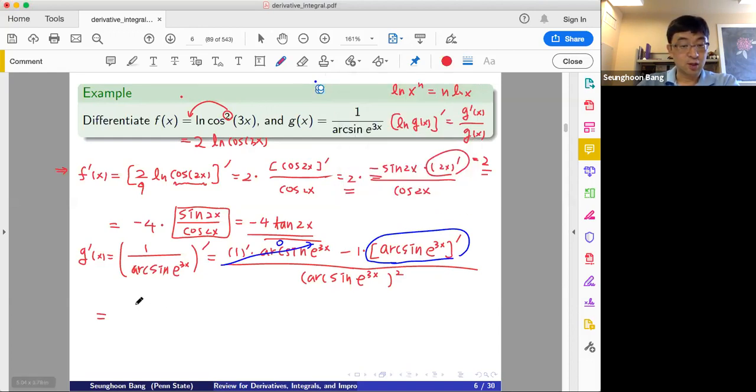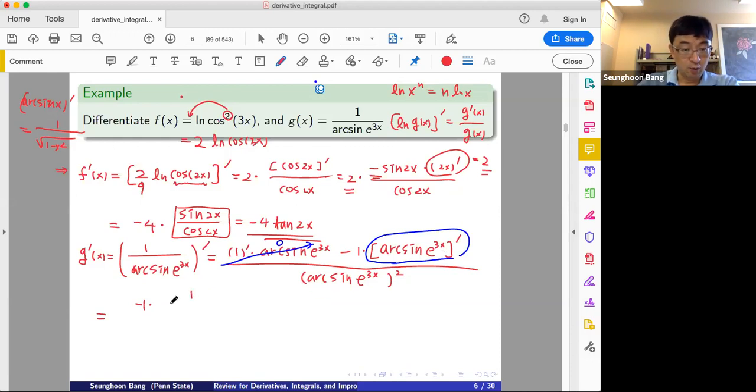This is keep negative 1 times arc sine prime. Do you know the derivative of arc sine? The derivative of arc sine x is 1 over the square root of 1 minus x squared, only plug e to the 3x into x.